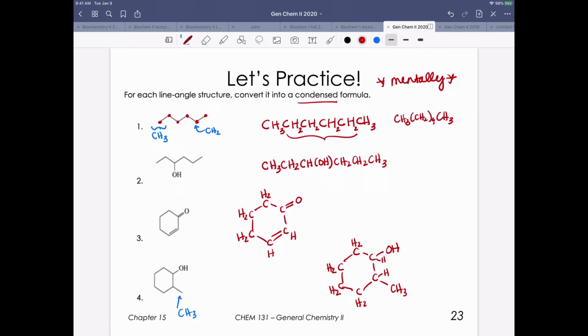One kind of problem that you might see on a test is I might ask you how many hydrogens are bonded to that carbon, or how many hydrogens are in this whole molecule. You'd have to either mentally see or physically draw it so that you could count the number of hydrogen atoms that you have.